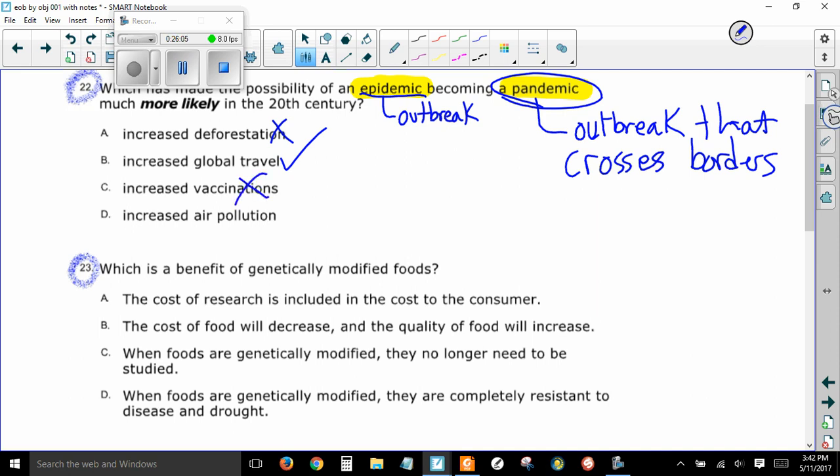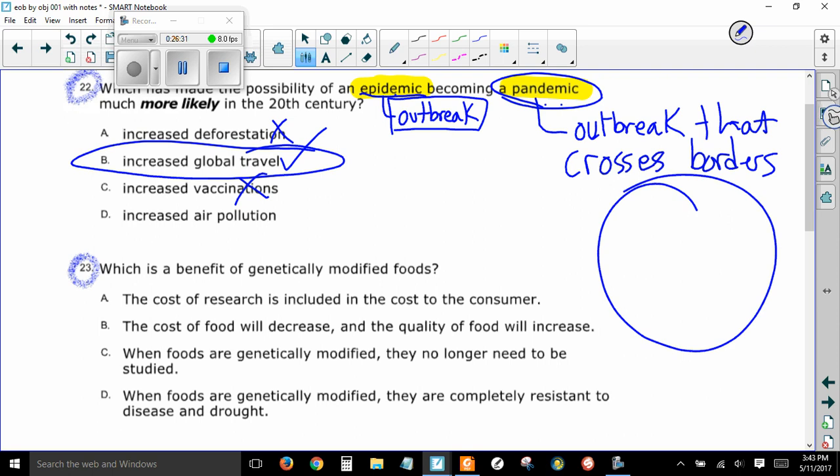Increased air pollution. That may cause some problems, especially for asthmatics, but that is a non-infectious disease. If we're talking about epidemics and pandemics, most likely it's going to be an infectious disease. So the best answer is B, increased global travel. Remember, an epidemic is a local outbreak. A pandemic affects the large picture, a whole state, whole country, maybe even the whole world.